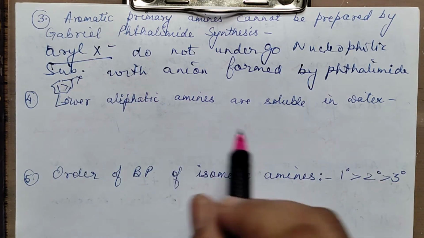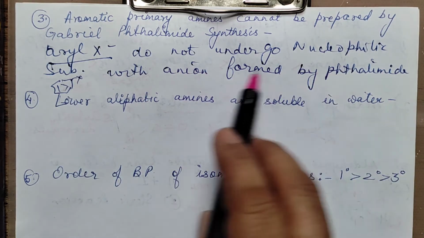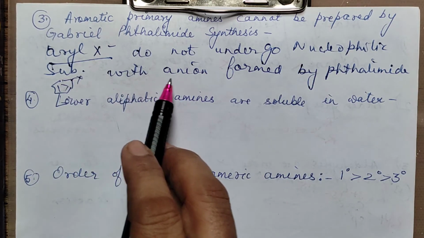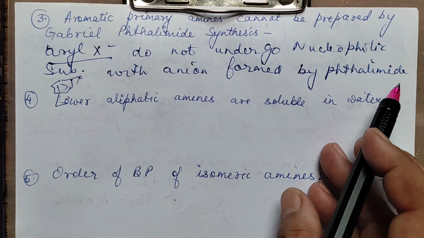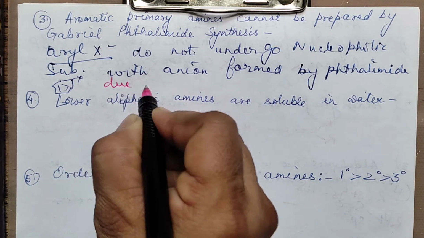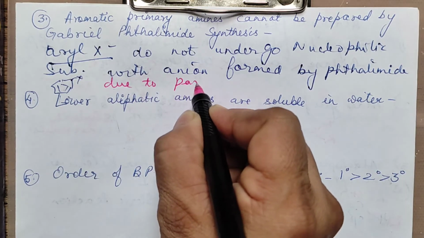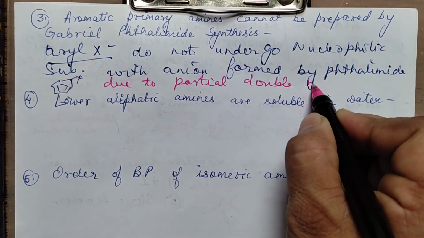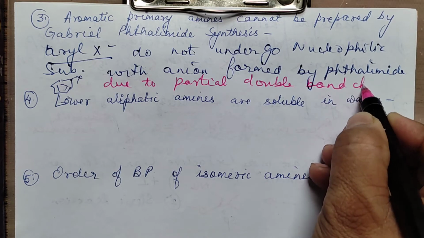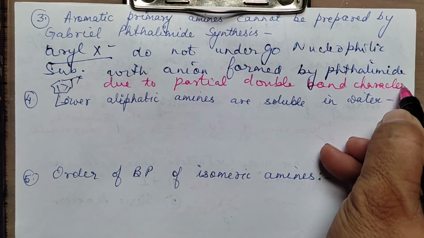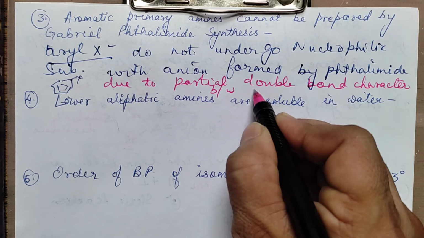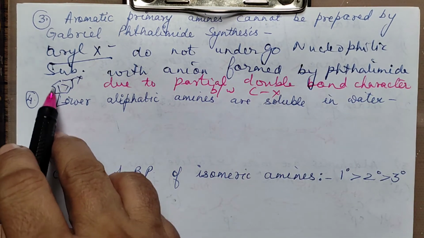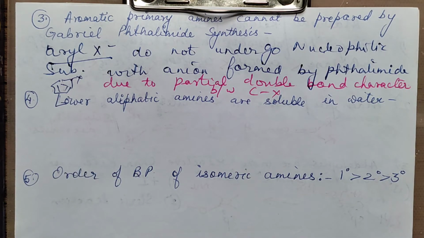So even that you can write: aryl halides do not undergo nucleophilic substitution reactions with the anion formed by phthalimide due to partial double bond character between carbon and halogen, and you can draw the resonating structures of aryl halide. Clear? So the mechanism is not required.